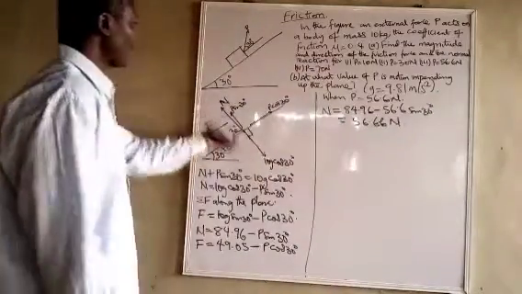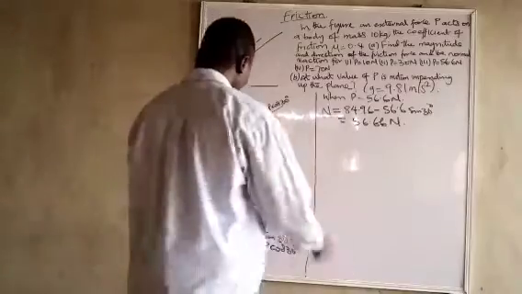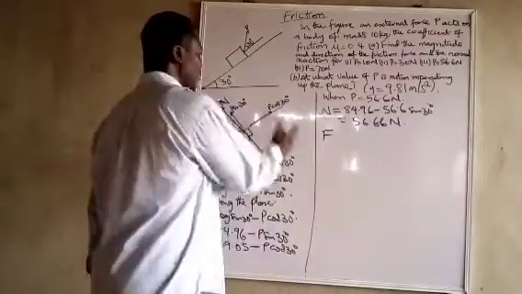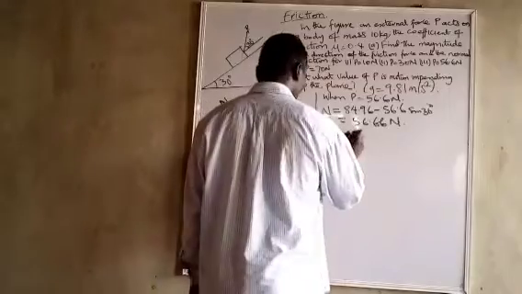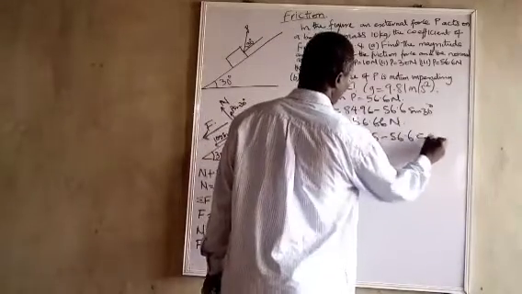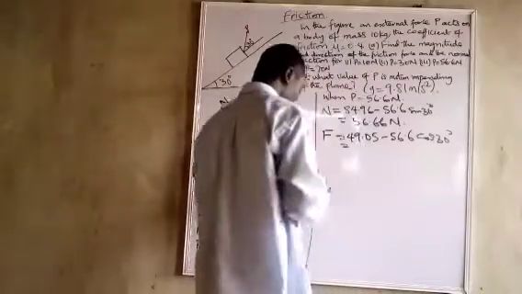So our normal in this instance is 56.66 Newton. Let's see what the frictional force and the total force developed on the surface will be. F will now be equal to 49.05 minus 56.6 cos 30 degrees.